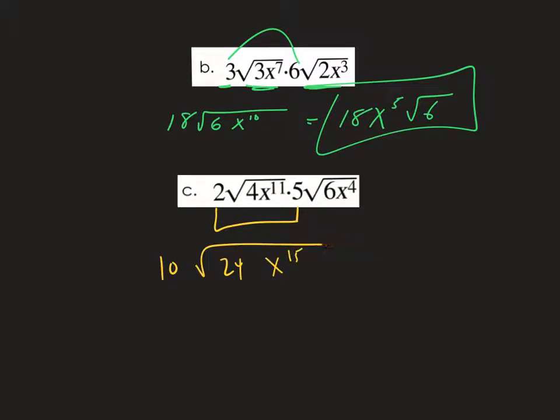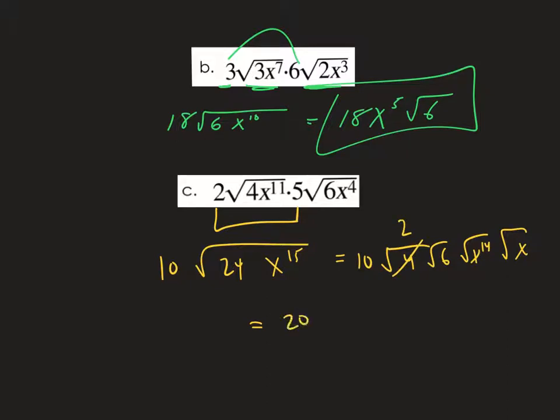Maybe I got a little overzealous on my radical. Okay. And now I know that that's going to be 10. 24 is going to be 4 times 6. X to the 15th is going to be x to the 14th times x, which gives us a final answer of, this becomes a 2.